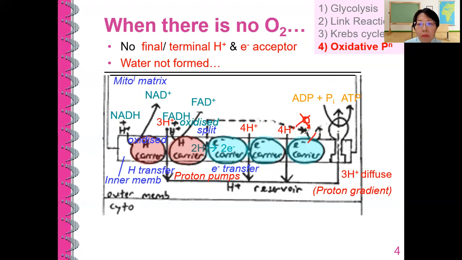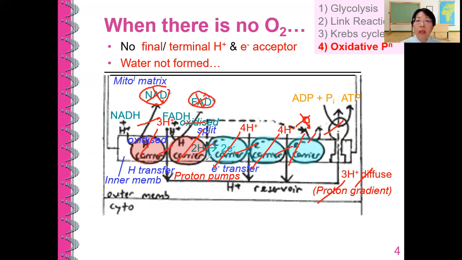So the step before it cannot happen. Then if this one cannot happen, that means the others cannot happen either. So this one cannot be produced, this one cannot be produced.